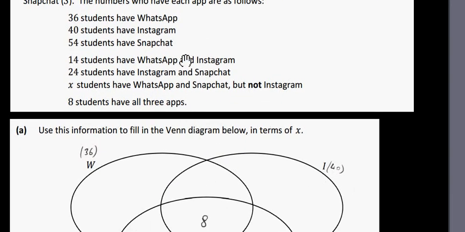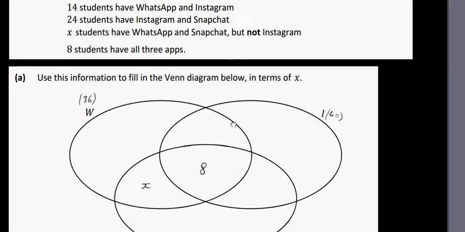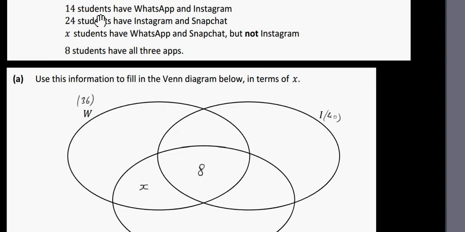Well, the first 3 lines here just tell us these 3 totals. So I can't do any more with those at the moment. So let's have a look at this line here. 14 students have WhatsApp and Instagram. Now I know that 8 students will be in this section, so that will leave me with 6 students in this section here. 6 and 8 give me 14.